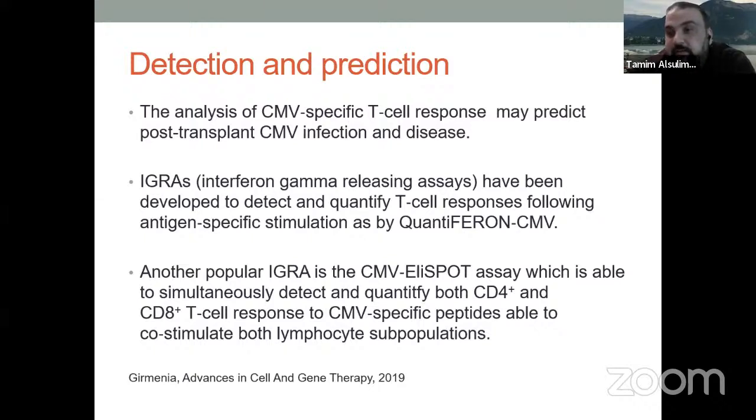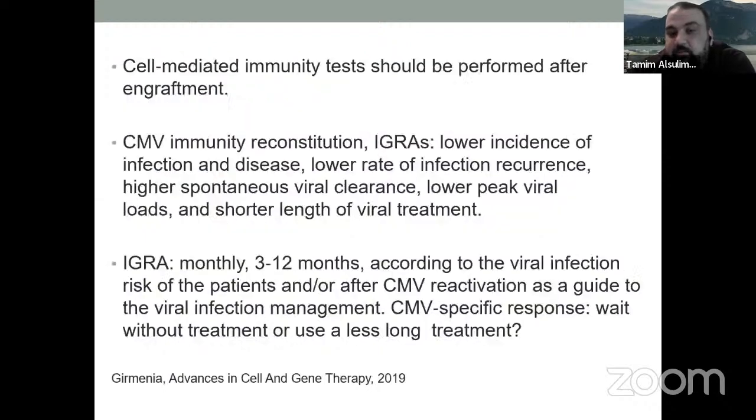It was a good method before PCR to detect CMV. But we must always keep in mind that we must use these approaches, the IGRAs, normally after good reconstitution, because before that we may experience false negative results.